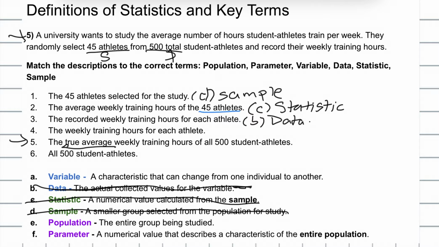Every time there is a descriptive characteristic, you need to think about parameter, especially the true average of weekly training hours of all the students. This is the population, and this is a description of the population, and therefore it's letting me know that this is going to be the parameter. So this answer is going to be F, parameter.